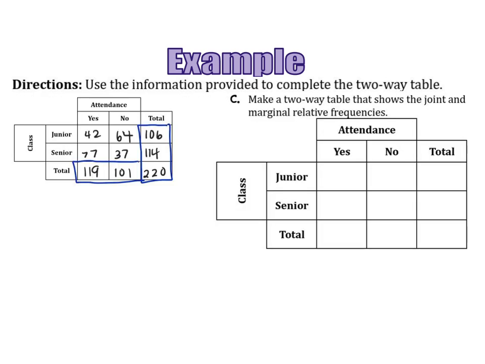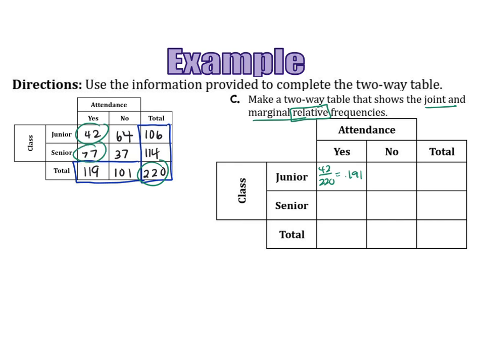So I'm going to copy that table over here so we can look at it. If we're being asked to find the joint and marginal relative frequencies, relative is that word that's telling me fraction. I know that 42 out of the 220 people that responded to this survey were juniors who said yes. If I plug that into a calculator, I can also get that ratio as a decimal.